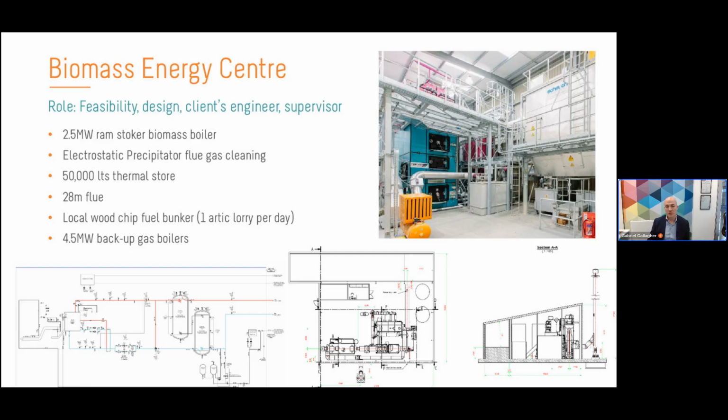Part of the contract was to procure local wood chip, and there was a large bunker system in the design to receive up to one articulated lorry per day from about 20 odd miles away, local sustainable wood fuel.